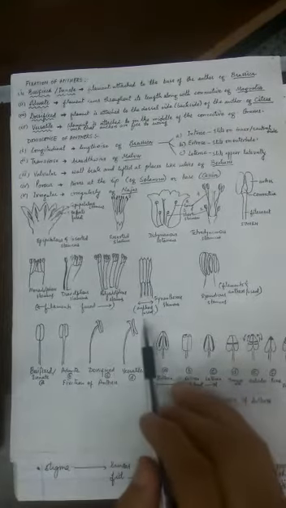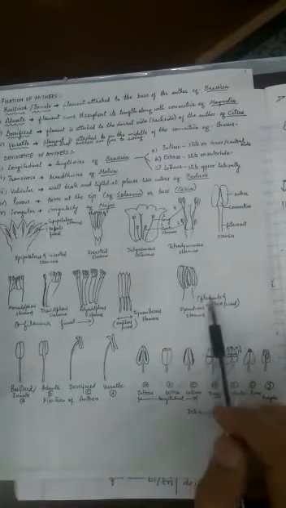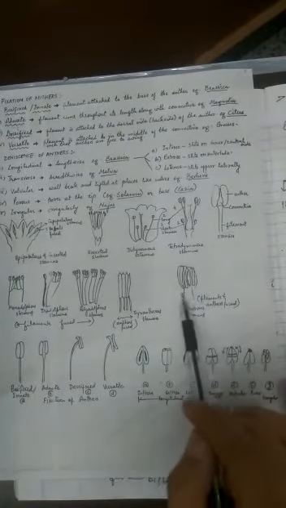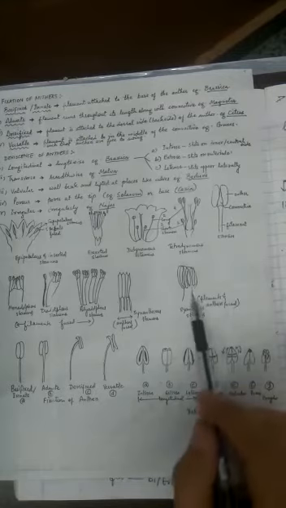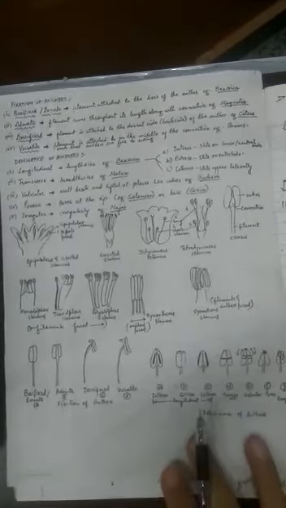Now in this case you can see anthers are fused, found in sunflower family. In this case you can see the synandrous, the whole thing is fused, found in Cucurbitaceae family, or even in the case of Momordica, bittergourd, you can see this condition.